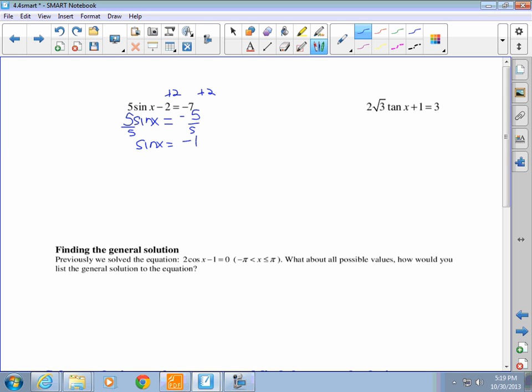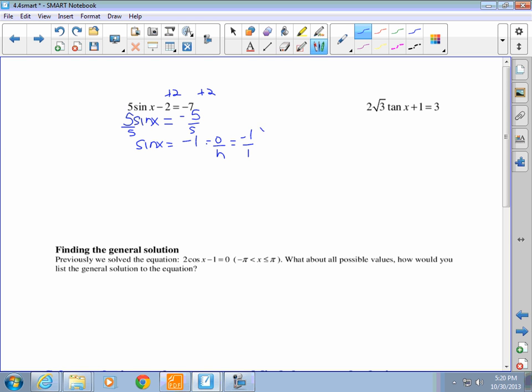I don't have a special triangle where I have a hypotenuse of 1. So that tells me that I have to use the unit circle.